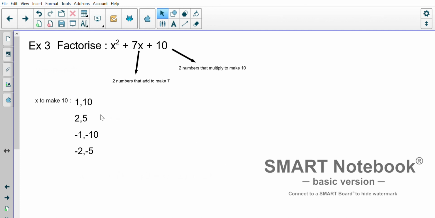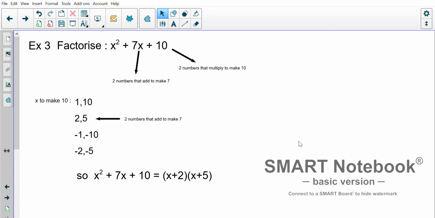The pair to add to make 7 is 2 and 5. So x squared plus 7x plus 10, when you factorise that, becomes x plus 2 multiplied by x plus 5.